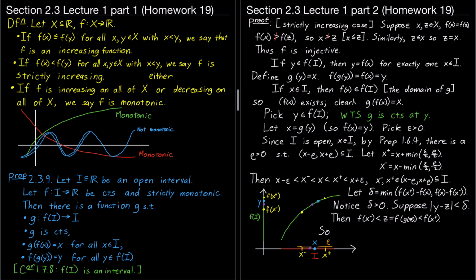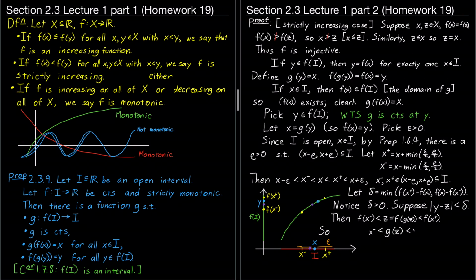So we can say that x minus is certainly not bigger than g of z. X minus must be less than or equal to g of z, and they cannot in fact be equal to each other. If x minus was equal to g of z, then f of x minus would be equal to f of g of z. So in fact, we've got a strict inequality here.